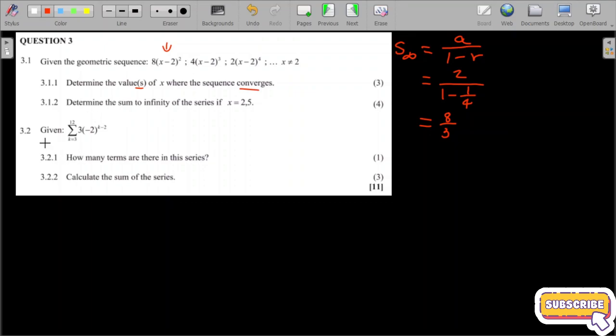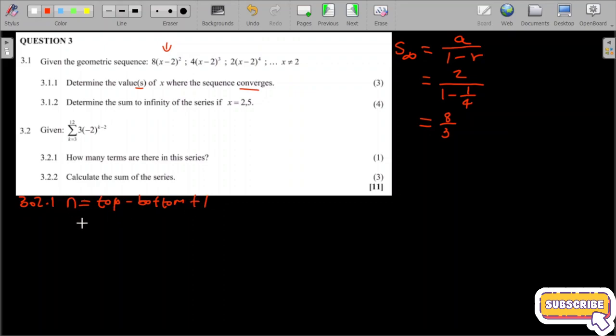Now 3.2, the sigma. How many terms are in this series? This is very important for understanding how we get the number of terms when given a sigma notation. First, n is equal to top minus bottom plus 1.